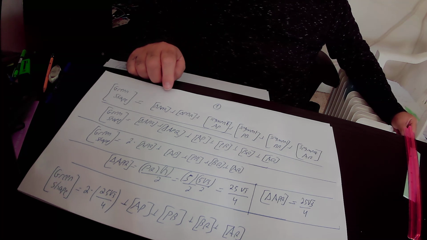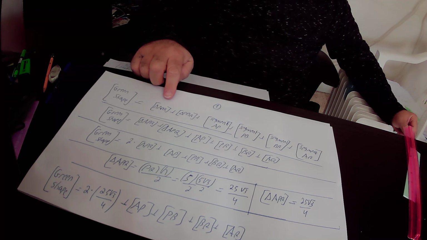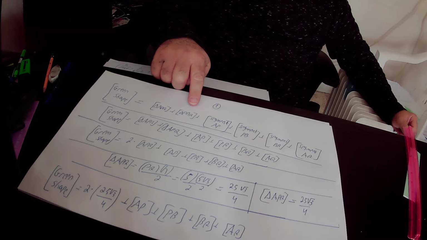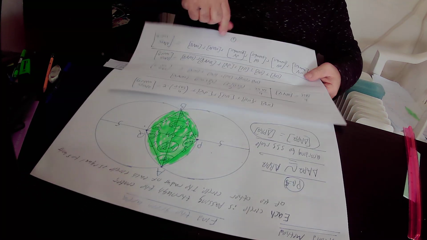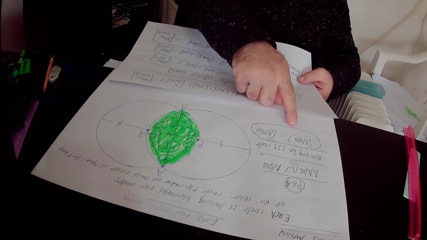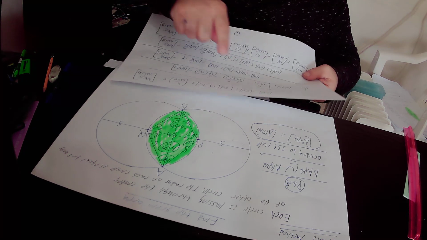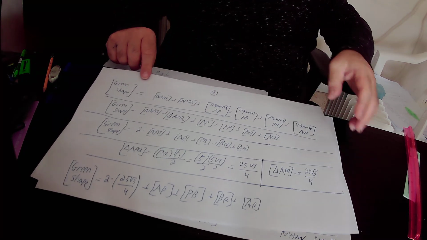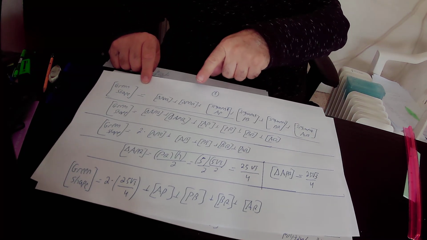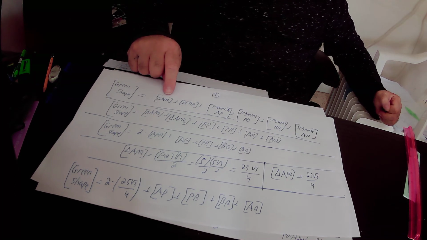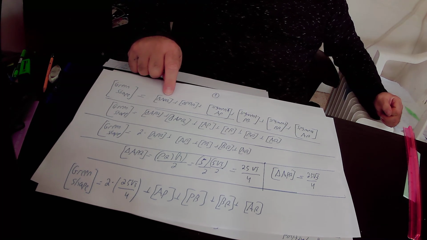But because the area of triangle APQ is equal to the area of triangle PBQ, we can substitute the area of triangle PBQ by the area of triangle APQ.